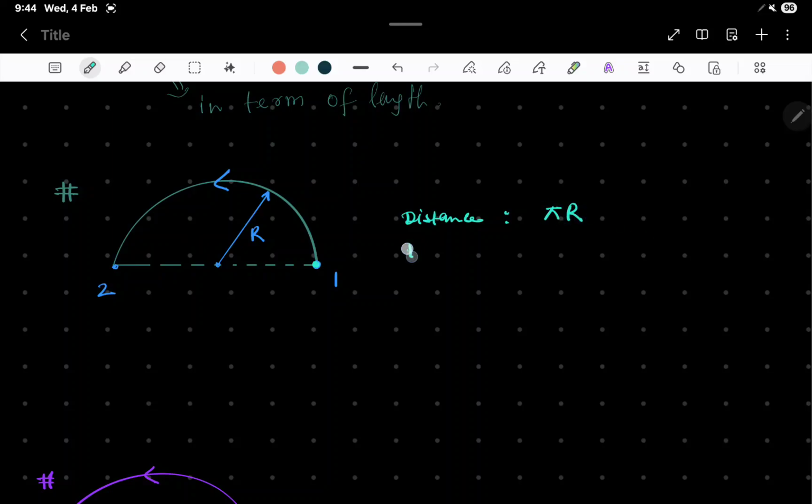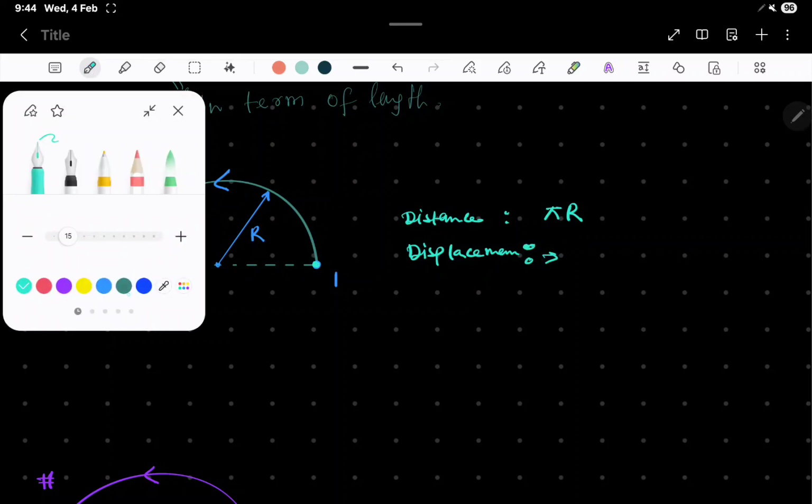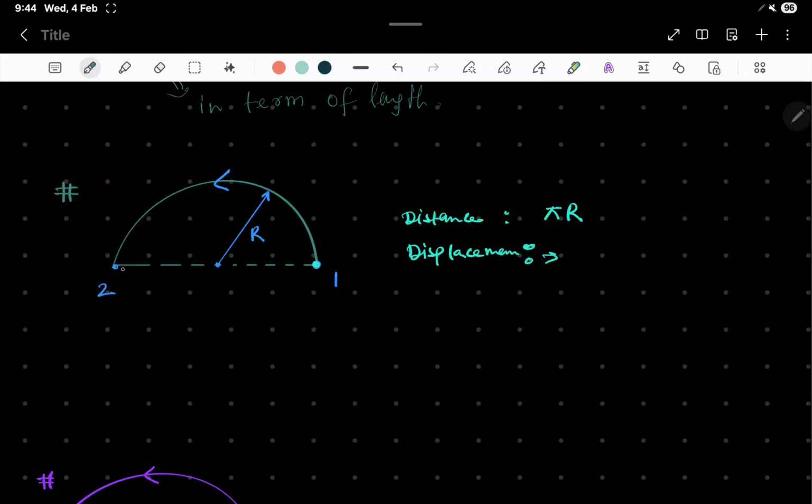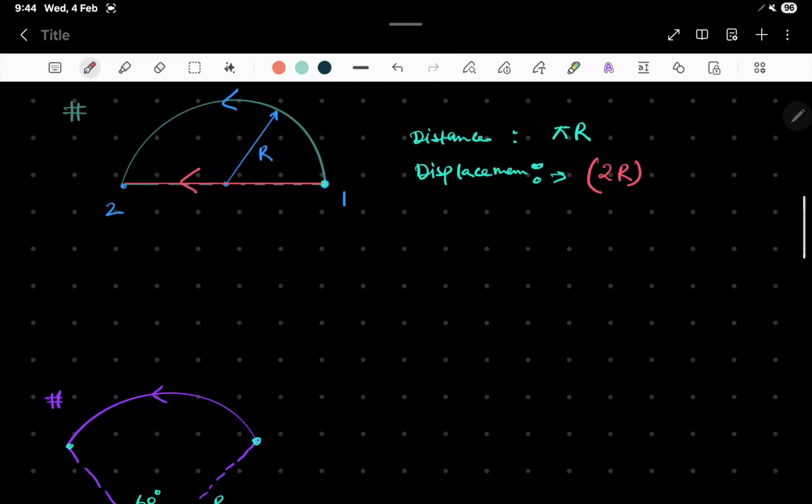What about displacement? Displacement will be simply equal to the length of the line joining the initial and final point, and the direction will be from initial to final. So I will say its magnitude is 2r and its direction is from 1 to 2.